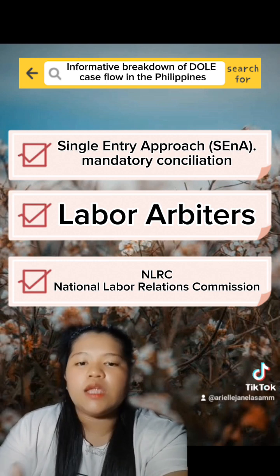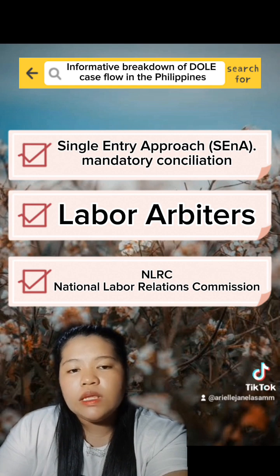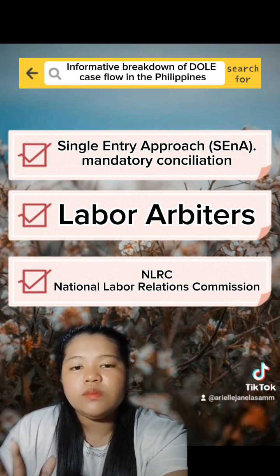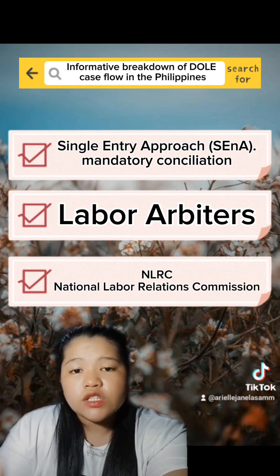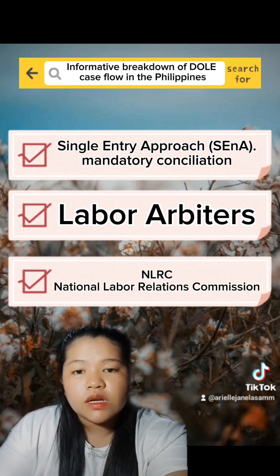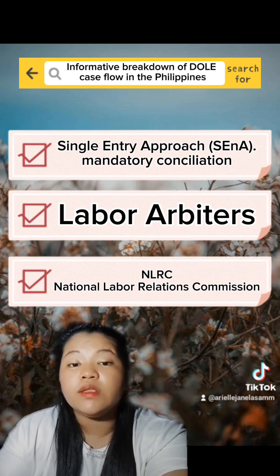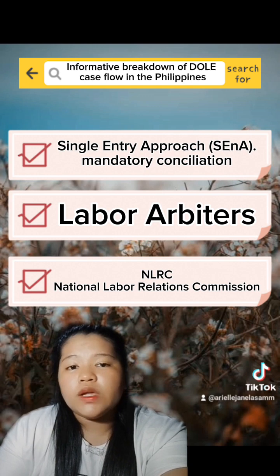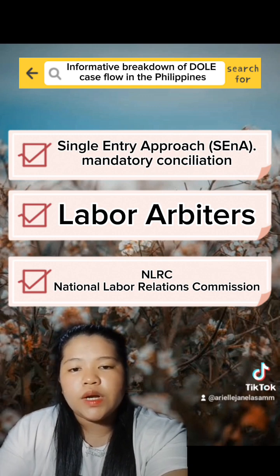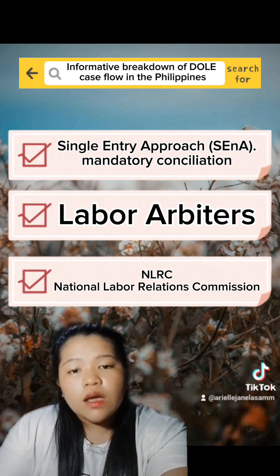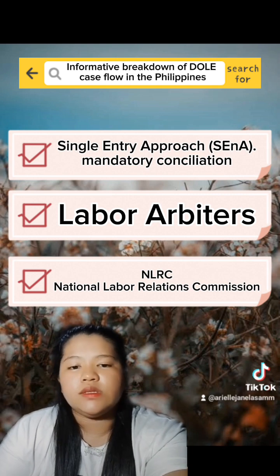All the complainants and respondents must be cited within the petition, and this petition must be signed under oath. The petition must then be brought to the labor arbiters of their respective regional arbitration branches. The aggrieved party must also serve the opposing party with a copy of the pleading along with its supporting documents.